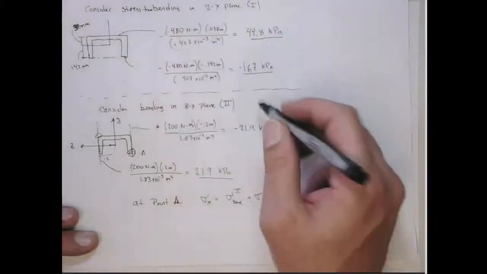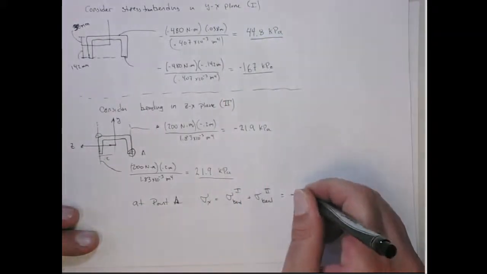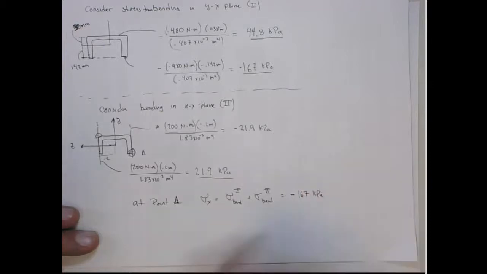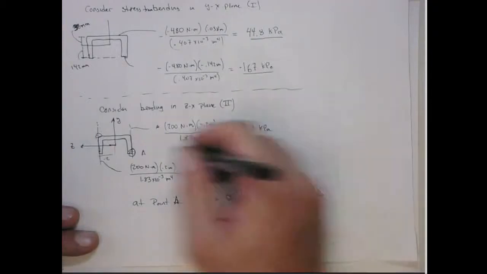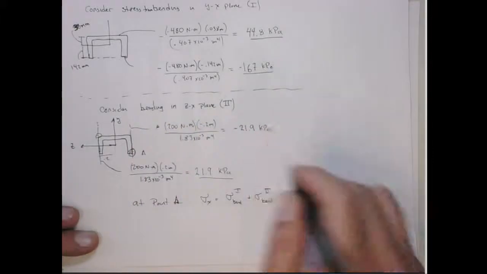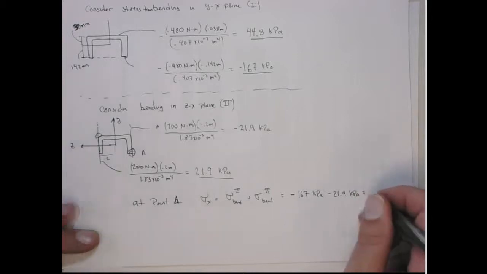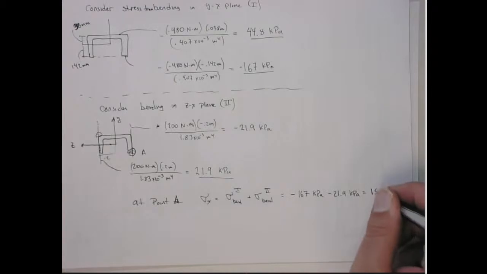So that's a minus 167 kilopascals. And then this compressional stress we get on this edge from the second mode is a minus 21.9 kilopascals. So that gives me a total of 189 kilopascals in compression. So that's at A.